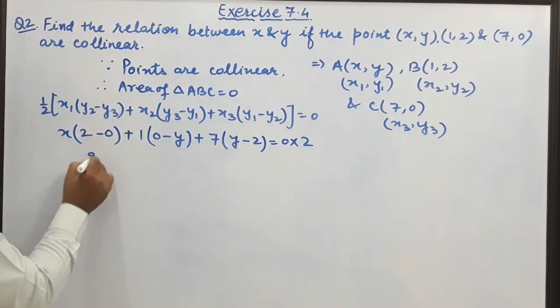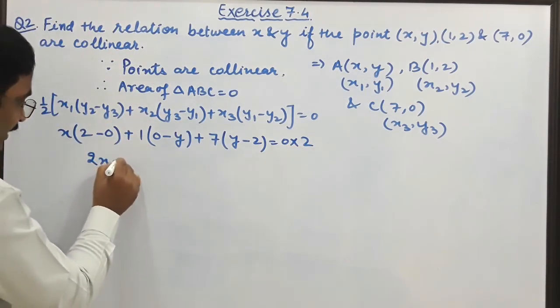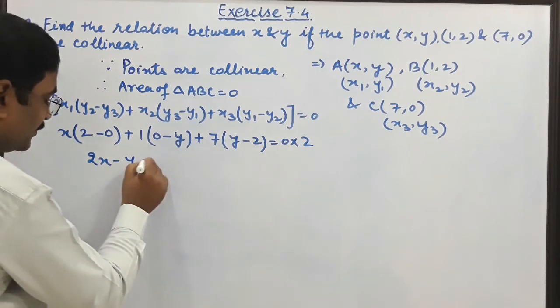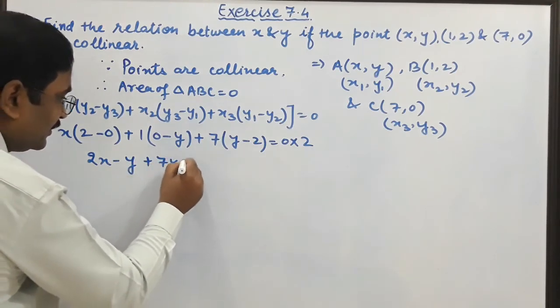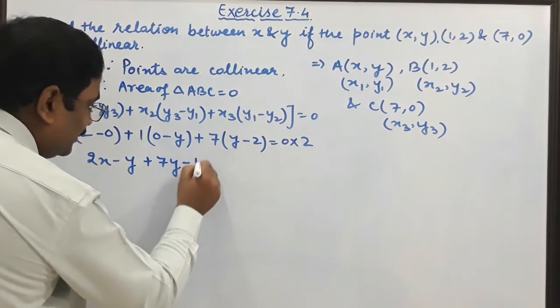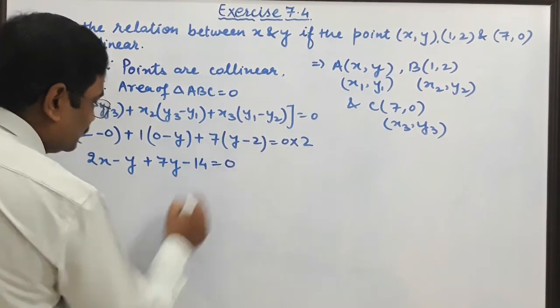Now you will get 2x minus 1y plus 7y minus 7 2s are 14 equals to 0.